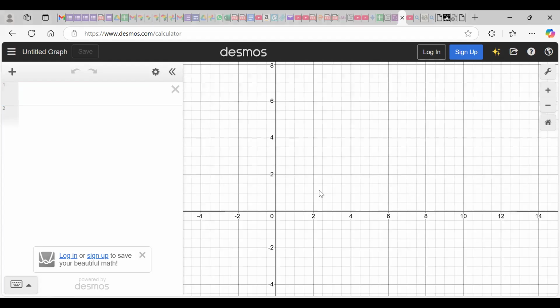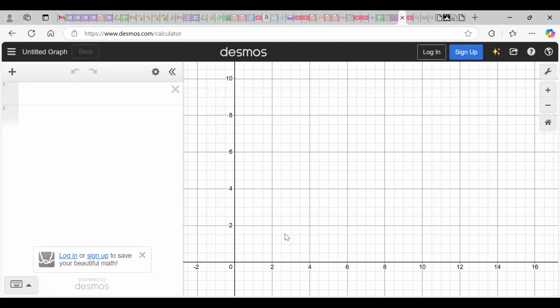Can you tell me the first inequality we had there?